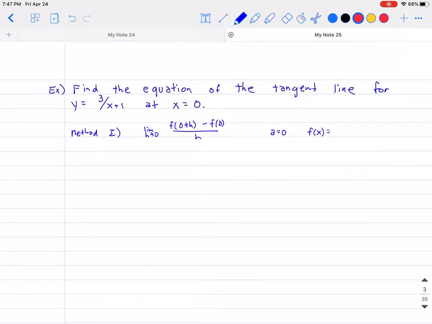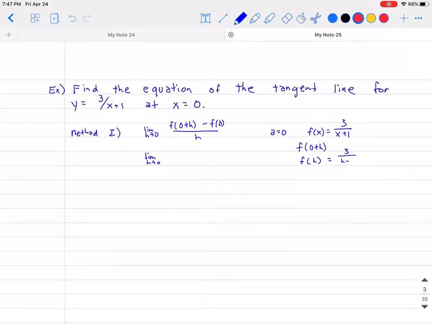And also, I am going to write over here that f of x is equal to the function 3 divided by x plus 1. So making my direct substitution again, limit as h approaches 0. F of 0 plus h, so that means that I'm really just solving for what's f of, let me go ahead and write it right here just in case.